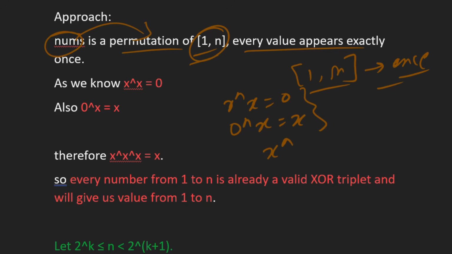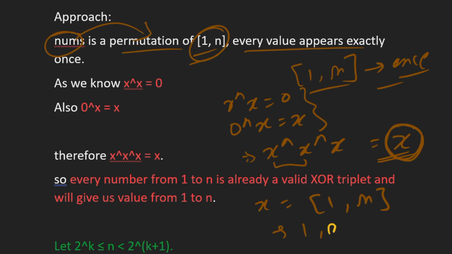So if we do x XOR x XOR x, what will it give? x XOR x will be 0, and 0 XOR something is that something, so it will give x, right? So x can be any value from 1 to n. So if we put x as any value from 1 to n, the values that we get as the answer will be from 1 to n.